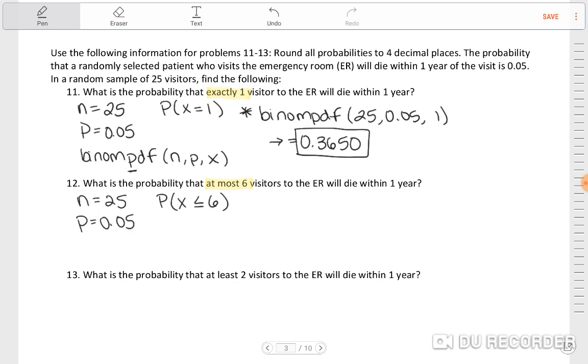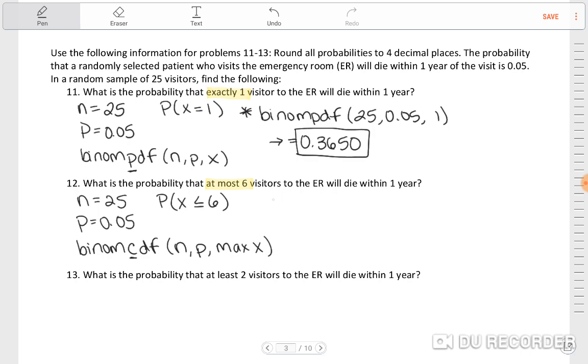Because we're doing an inequality, this is when we're going to use binomial CDF. On your formula sheet, it says n, p, and then max x. This just means it's the biggest value that x is allowed to be in your scenario. So in our scenario, the biggest our x can be is 6.